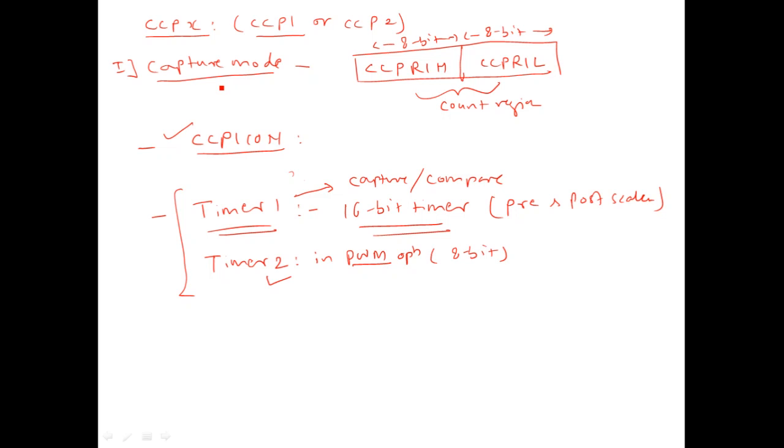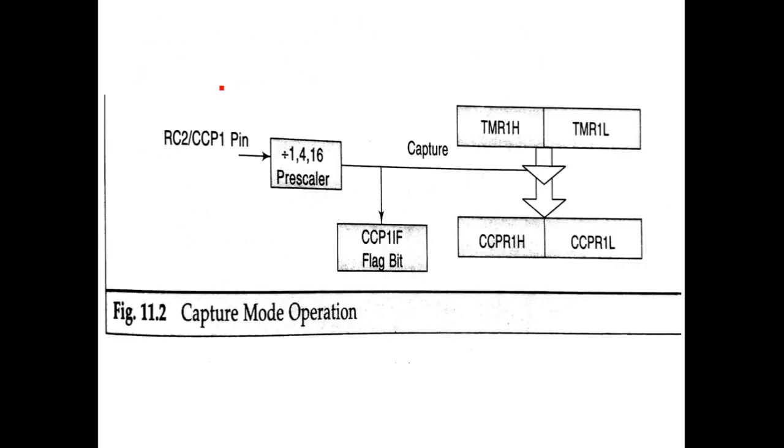Okay, now let us go back to the functional block diagram for capture mode. The operation of the module in the capture mode is shown here. You can see that these are the count registers. Just now we have mentioned them.